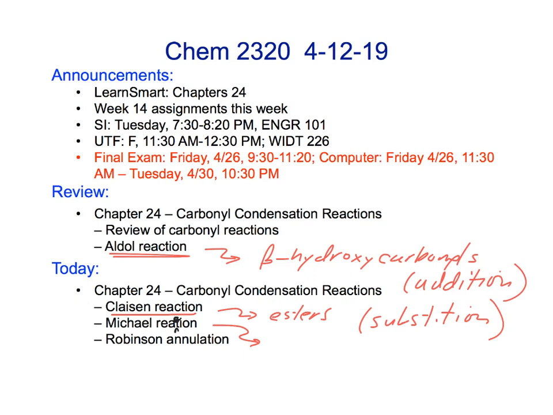I don't think we'll probably get to it today, but there's also the Robinson annulation. An annulation is a ring-forming reaction. The Robinson annulation is kind of interesting because it combines a bunch of different steps where we start out with this Michael reaction and then we essentially do an aldol reaction after that, all in the same reaction. So it's kind of a cool one. All right, so that's where we're headed.